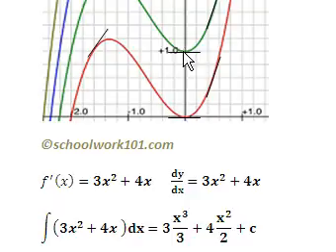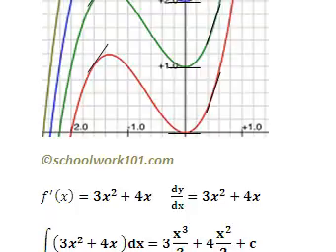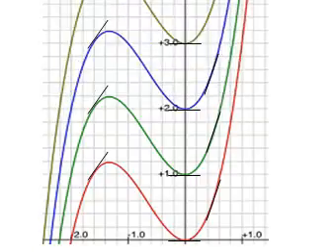So we'd have x cubed plus 2x squared plus 1. And that's what we'd get here with this green curve. And I do have some other curves up here. So we tack 2 on to the end of our antiderivative. We replace that c with a 2, and so now our curve has been shifted upward, and so forth.